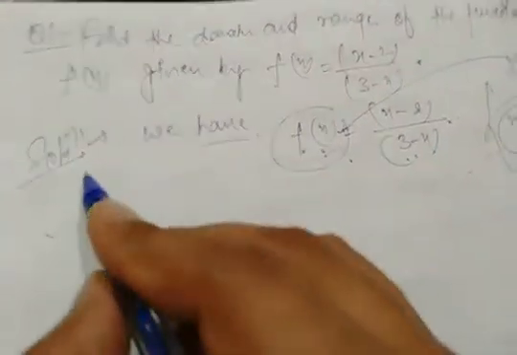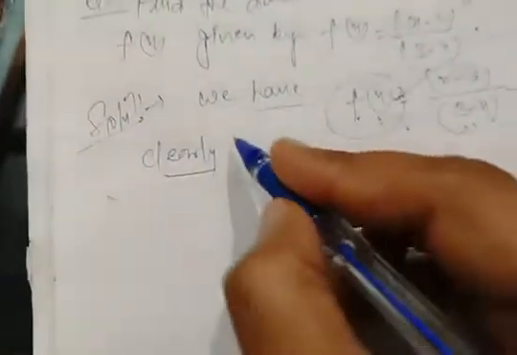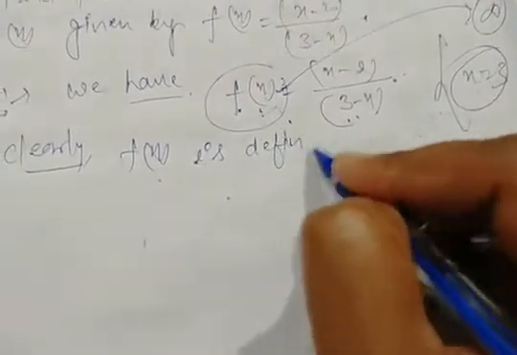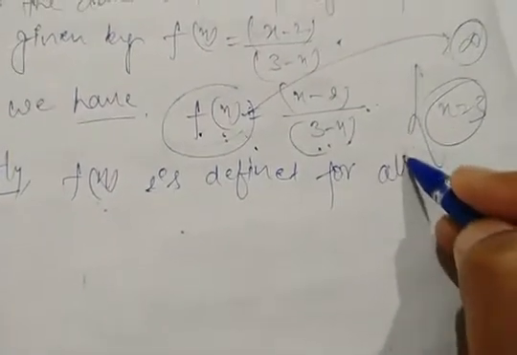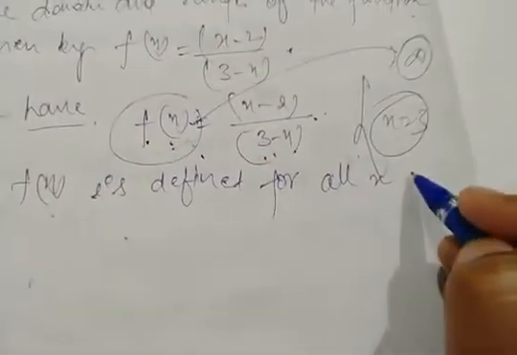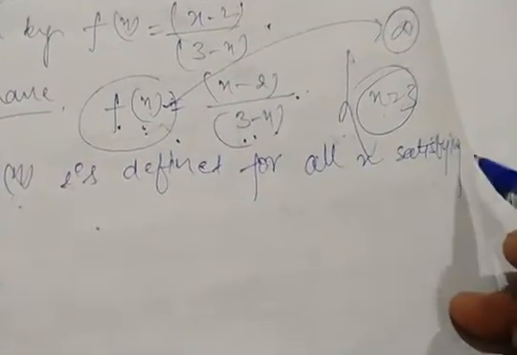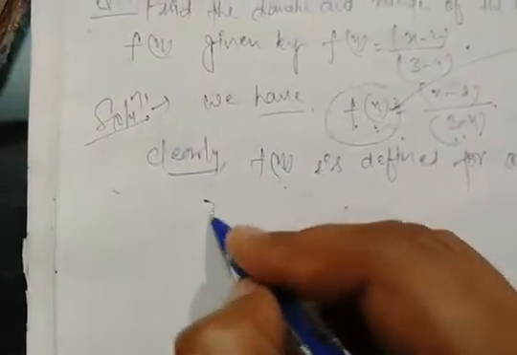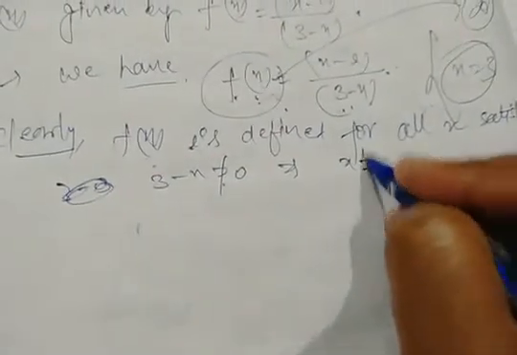So we can say clearly that f of x is defined for all x satisfying 3 minus x not equal to 0, that is, x not equal to 3.